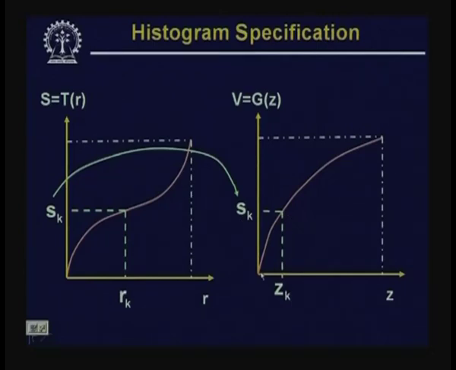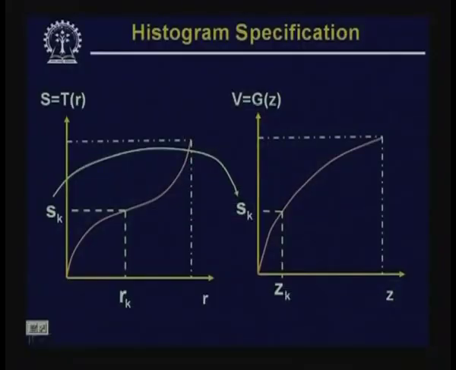So, what we have to apply is an inverse transformation function to get the value z_k for a given intensity value r_k in the original image.